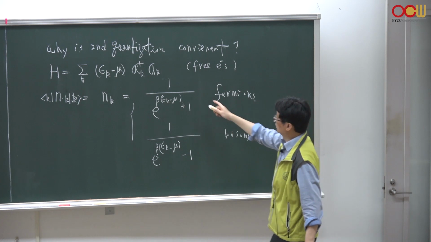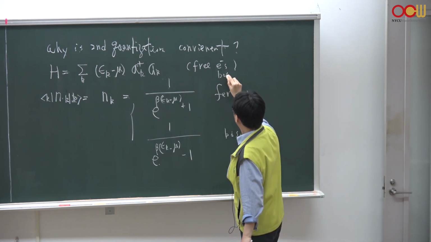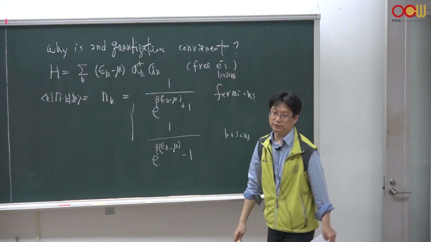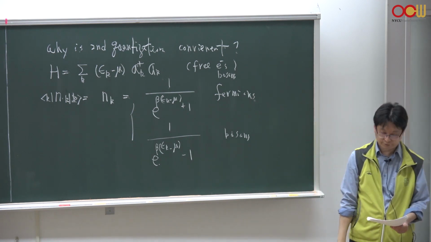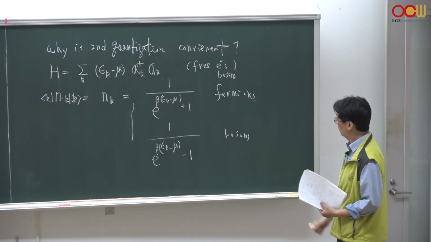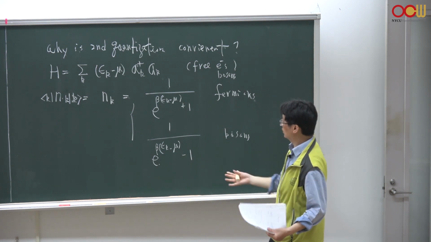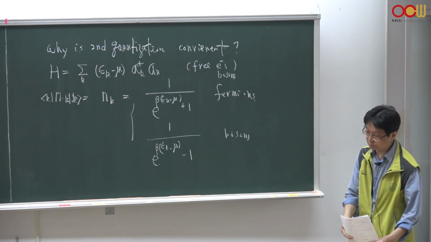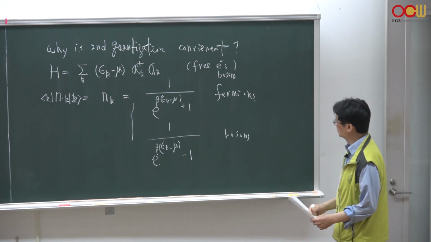So this Hamiltonian is actually generic for free fermions or free bosons. Okay? Suppose that we are considering just such simple free electron or free phonon problems.